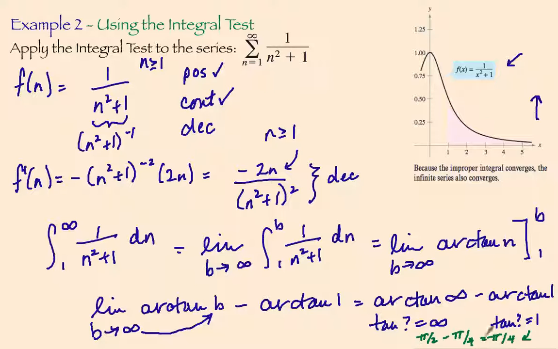It is a value. We were able to actually get a value for this integral, which means that our series converges. All we had to do was show that the integral converged to something, and we showed that it converged to pi over 4. Therefore, now we know that our series converges. It does not mean that the sum of the series is pi over 4. All we know is that it converges.